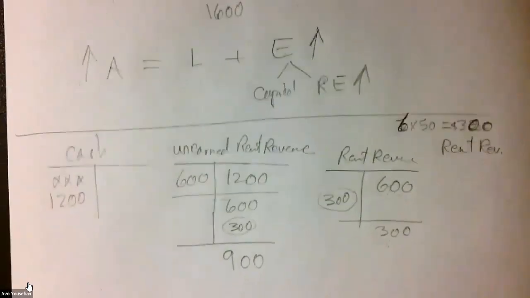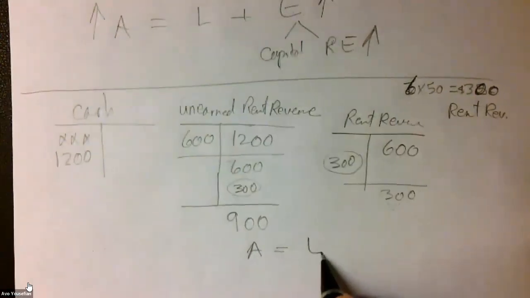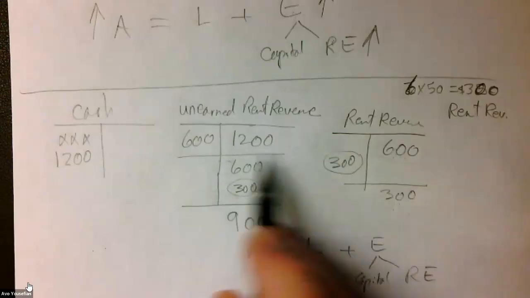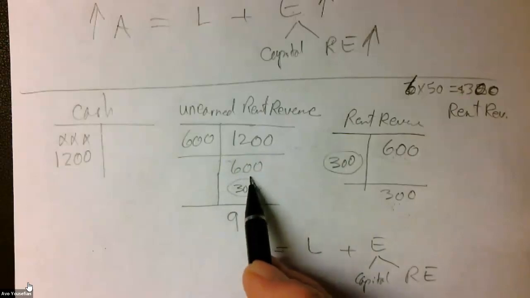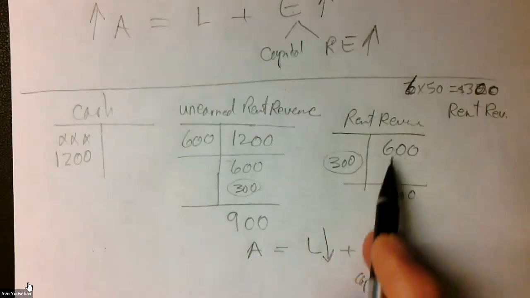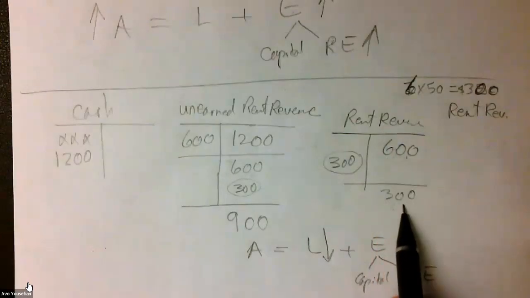If you don't do this properly, so this is your asset equals liability plus equity, and in the equity you have capital and retained earning, right? If you don't do this correction, your liability will be 600 instead of 900, so your liability will be understated. And if you don't correct this, your rent revenue will be 600 instead of 300.